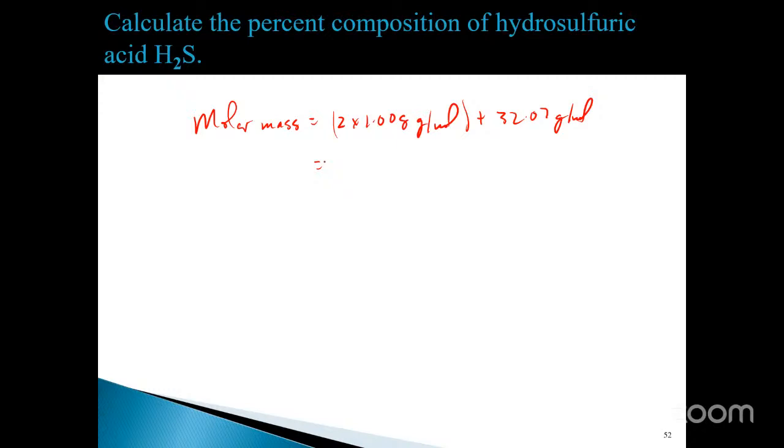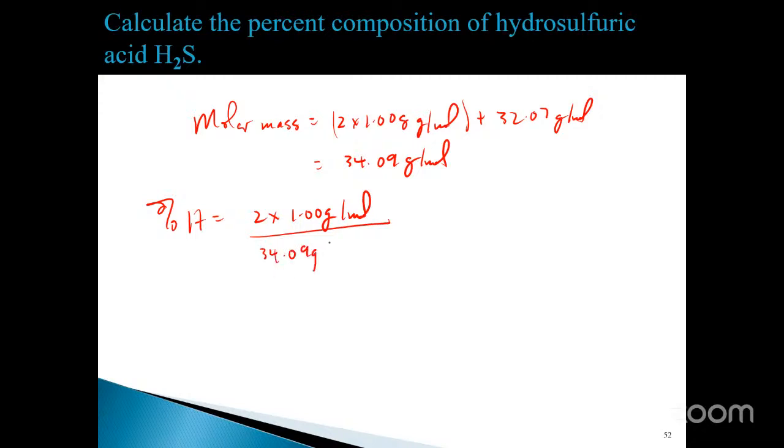According to my calculations, this will be equal to 34.09 grams per mole. And therefore, to find the percentage of hydrogen, we take the total molar mass of hydrogen in the formula and divide it by the molar mass of everything, which is what we just calculated, times 100%.